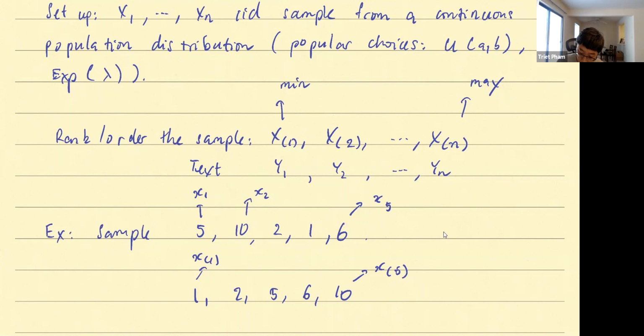So the point is the first value of the sample and the minimum don't have to be the same value at all, or they're only the same with probability of 1 over n factorial or something. Or maybe 1 over n. So anyway, do distinguish these two.